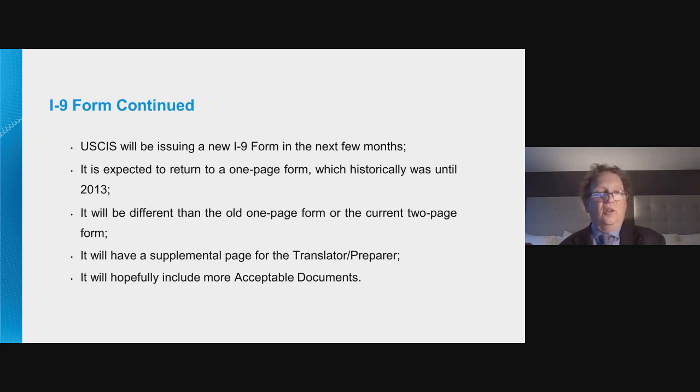As you know, on the third page, there's a list of acceptable documents, List A, List B, List C. I'm on a committee that has been working with the USCIS for a long time to show them that there are a lot more documents that actually are acceptable and should be listed there. We will see if our guidance to the USCIS is going to be listened to. I'm hopeful, but I won't be shocked if they don't listen to us.